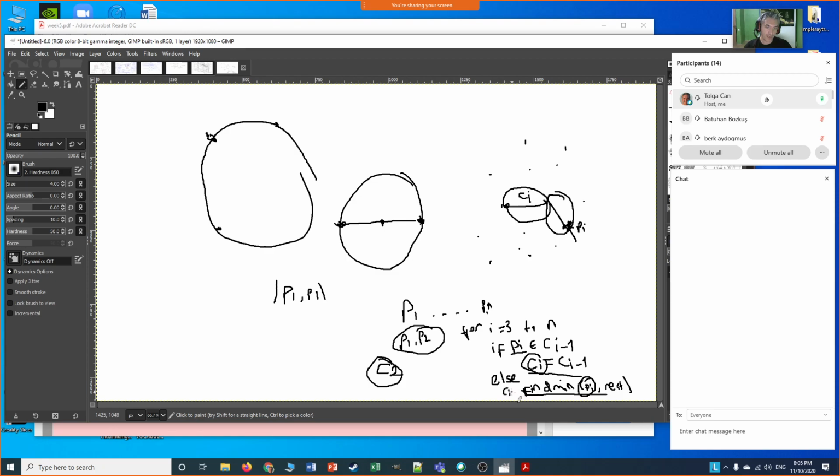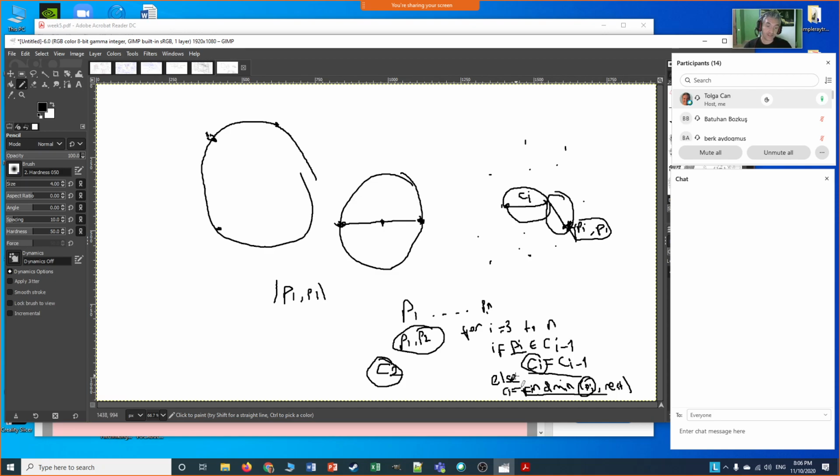Ci is going to be the new minimum circle, which includes Pi on its surface. So we start with Pi and P1 as your initial circle. The second algorithm is almost similar to this one. You again have a for loop there. If the next point is inside the current minimum circle, you update it like this.